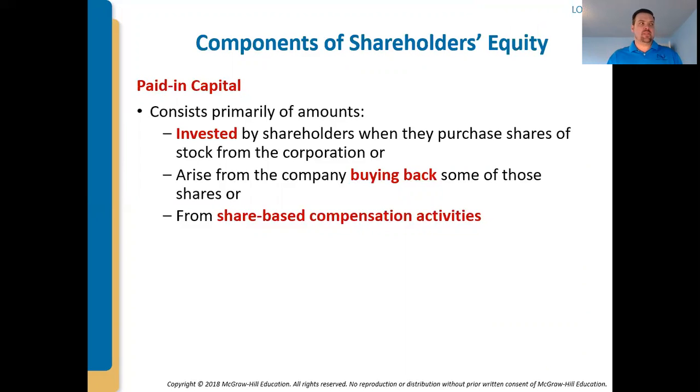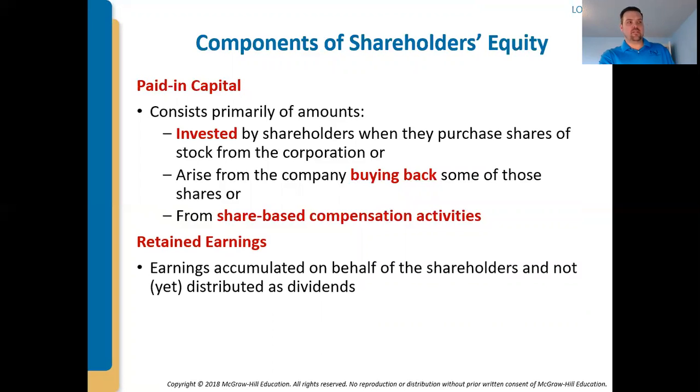Paid in capital consists primarily of invested amounts by shareholders when they purchase shares of stock from the corporation, or arise from the company buying back some of those shares. So it arises from buying treasury stock back. Okay, so it comes from one of the two, either selling shares or, and also, by the way, the third one is it can come from share-based compensation activities. Usually we're talking about stock options there.